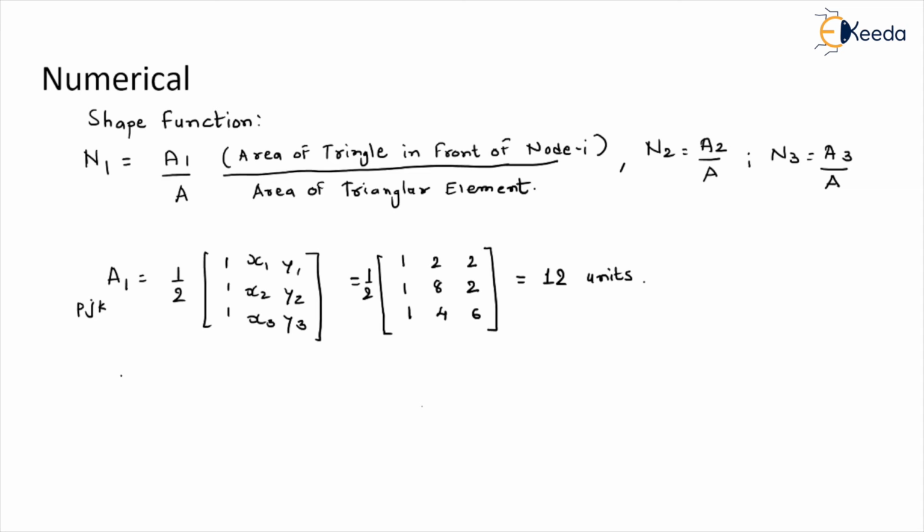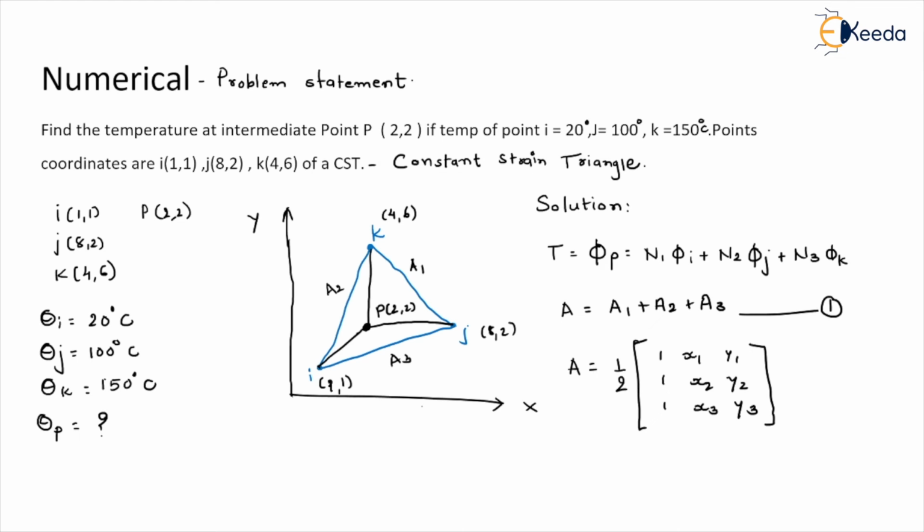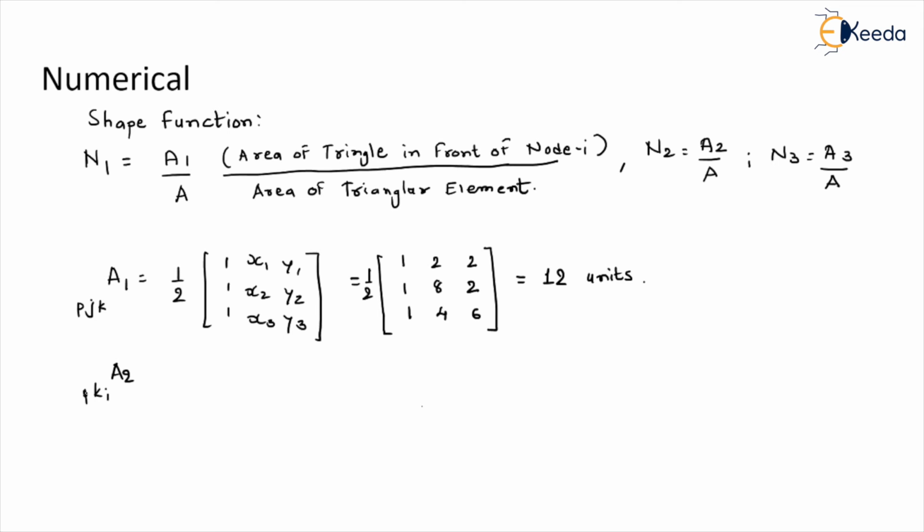So same for area A2. For A2 area, we have PKI. 1 by 2, the matrix will remain the same, x1 y1 x2 y2 x3 y3.